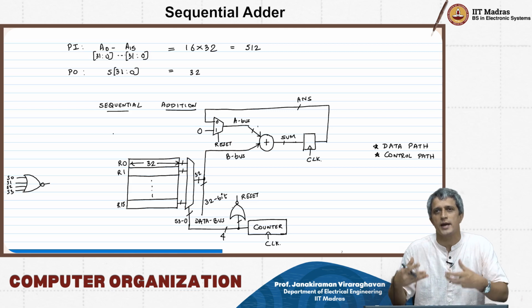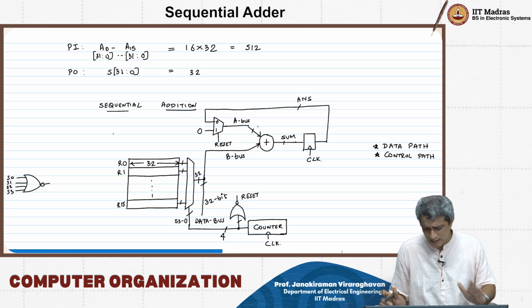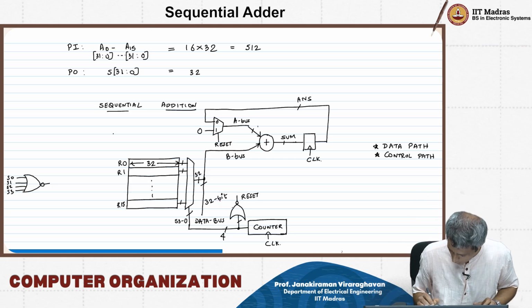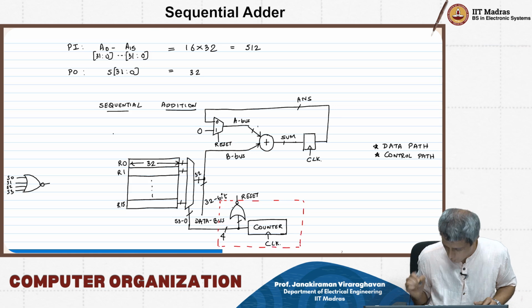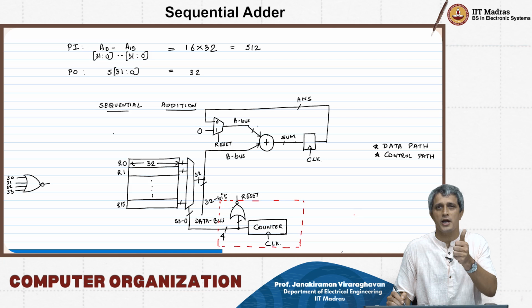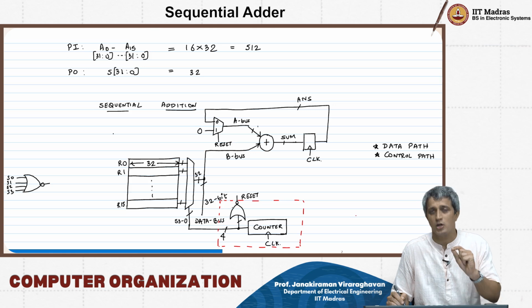That's going to decide how it is going to do the computations, what it is going to do. In this case, the control block is very simple. I will just draw it in red. It is this block here. You are just generating the reset signal, and the select signals for the registers in order to select which register.